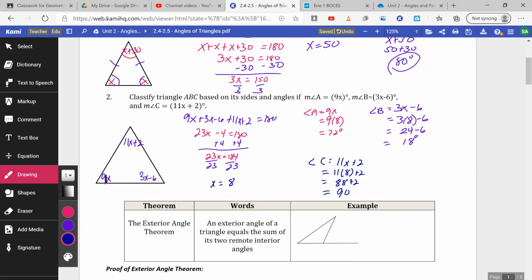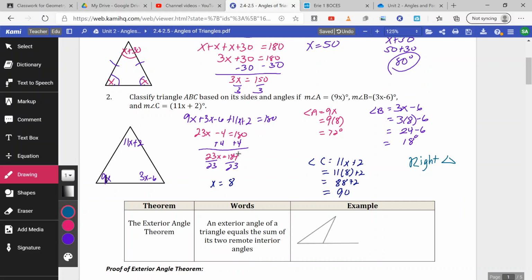So we have a 90-degree angle, 72-degree angle, 18-degree angle. So a 90-degree angle means we have a right triangle based on the angle measurement. And if I were to apply it to our sides, the angle measurement also helps us out. Since all three angle measurements are different, that will mean all three sides are different as well.